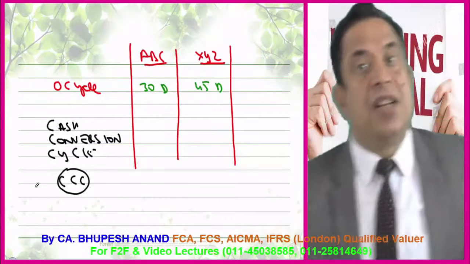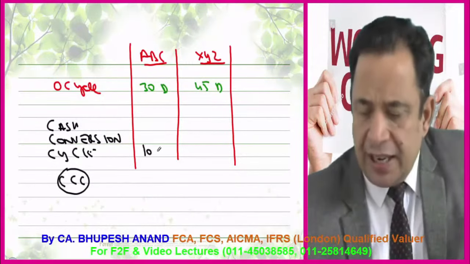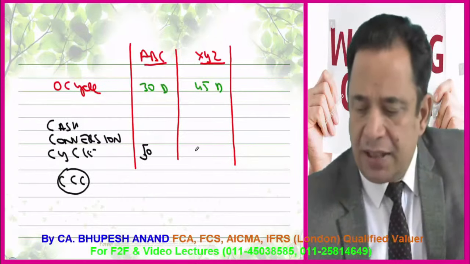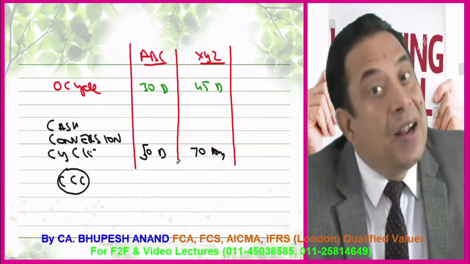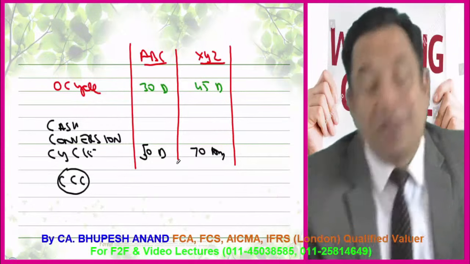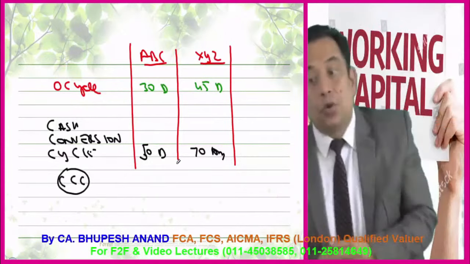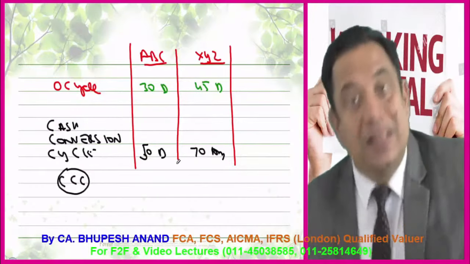Supposedly let it be 50 days for ABC and 70 days for XYZ. Again, tell me which company is better on the basis of the cash conversion cycle. Again, I will say company ABC is better because cash is being converted into cash within 50 days as compared to XYZ, where cash is converted into cash within 70 days.